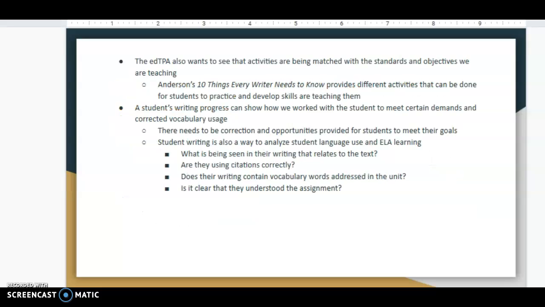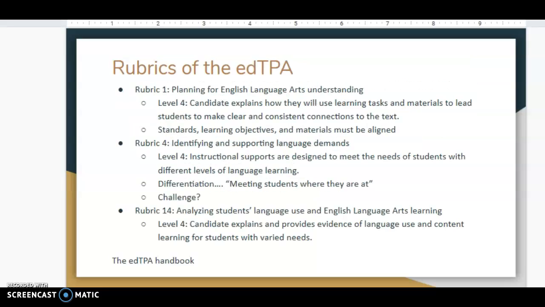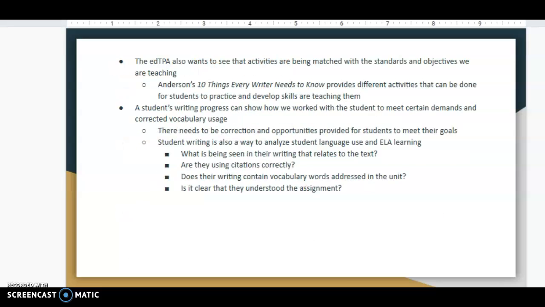So the edTPA also wants to see what activities are being matched with the standards and objectives we are teaching, which is very true. So going back to rubric 1, which is basically about planning, and then thinking about how your standards and objectives and your activities can match up.